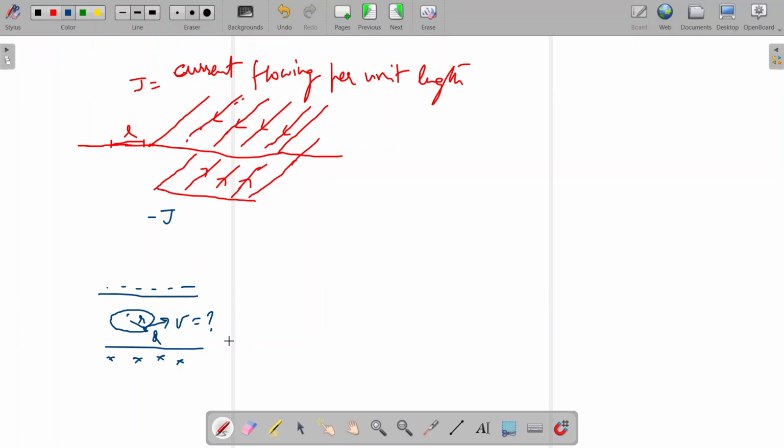So basically in this kind of case where you have a charged conductor, let's say these points, the current is coming outside of the conductor, and these points inside, where the current is going in. So we can take an Amperian loop like this.